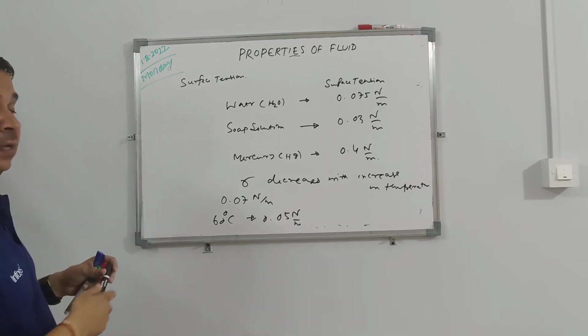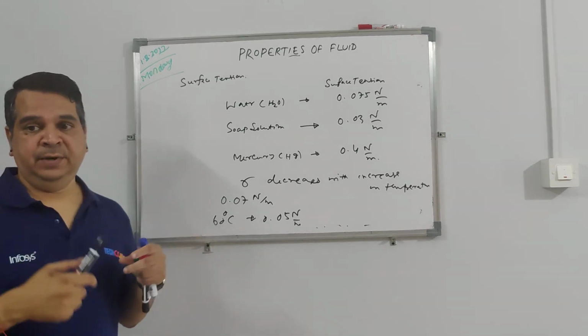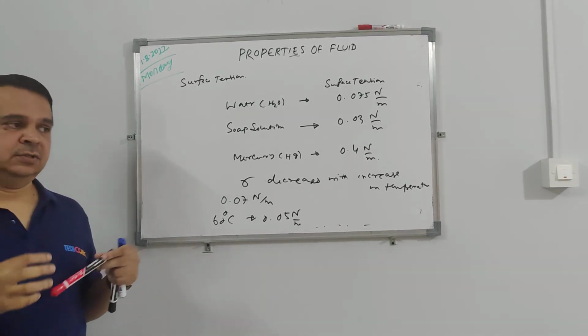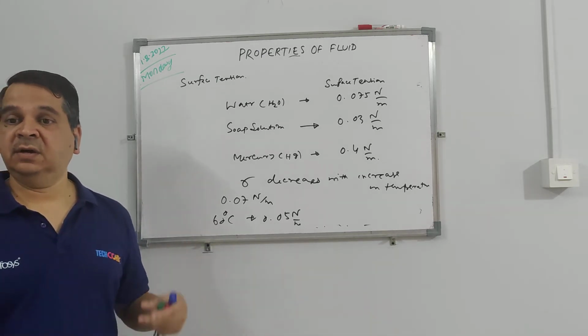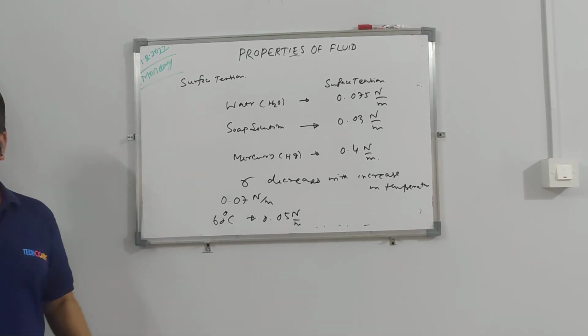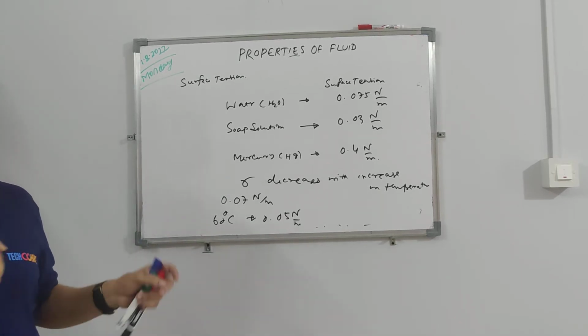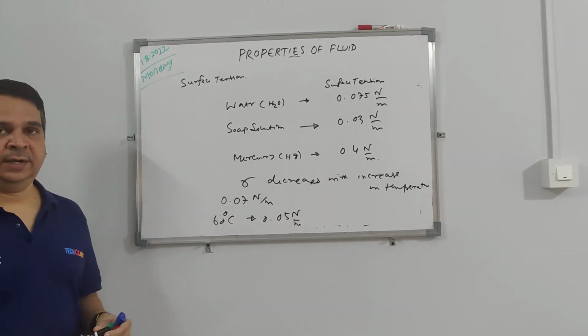So that is another real world example of surface tension. Just remember that it is nothing but the tensile strength of the fluid, like the tensile strength of the solid; this is also cohesive force.